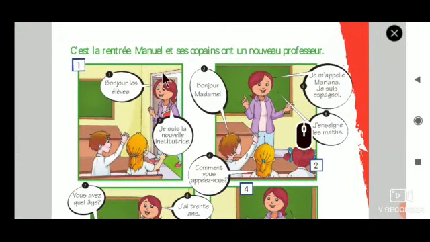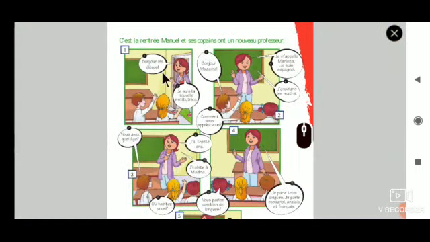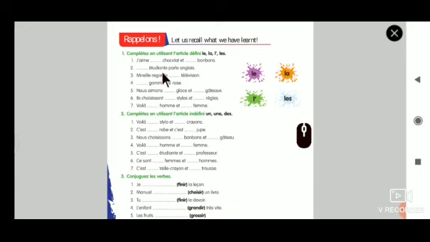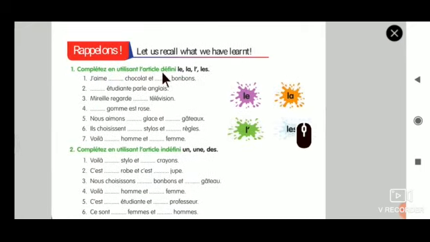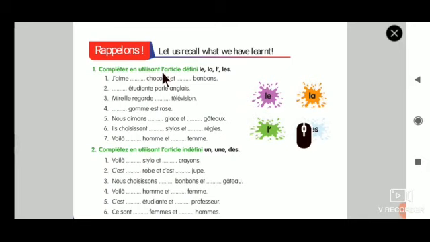So this page is not necessary, the upcoming page is not necessary, and this one. From this your exercise starts, right? So what is the title given here? Complete en utilisant l'article défini. If you get this exercise, write this title in your answer sheet. You guys have the practice of just putting the Roman numeral and writing the answers alone.